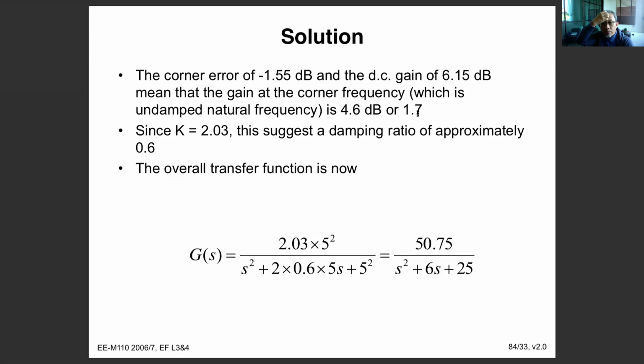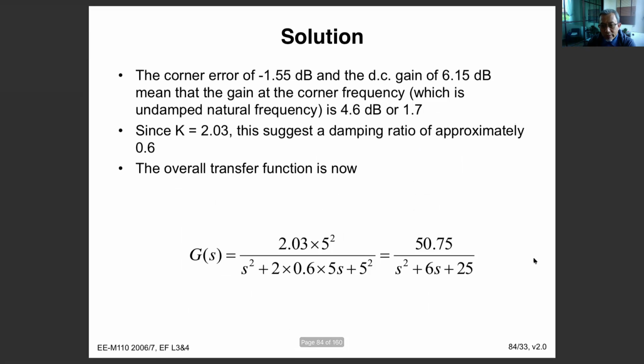So approximately the damping ratio is 0.6. Once you know the damping ratio 0.6, you enter the values inside this model structure, and you will get 50.75 divided by s squared plus 6s plus 25.